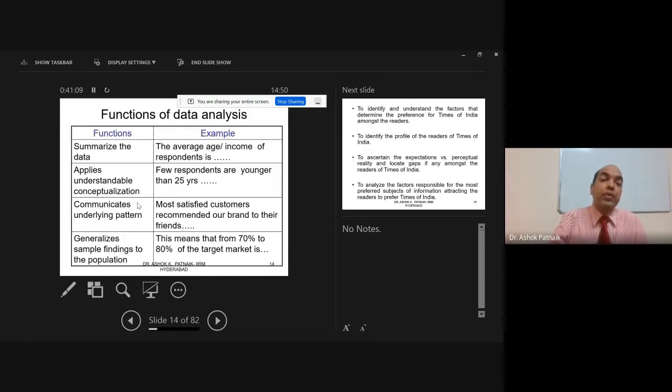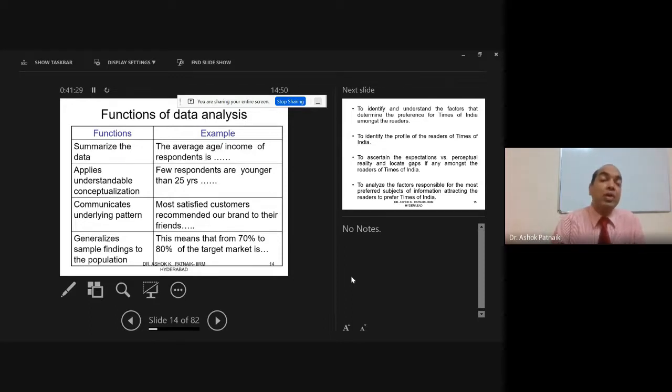So the function of data analysis, as I have shown here, you can see that summarizing of data will lead to some kind of statement like this: the average age of respondents is this much, or the average income of the respondents is this much.